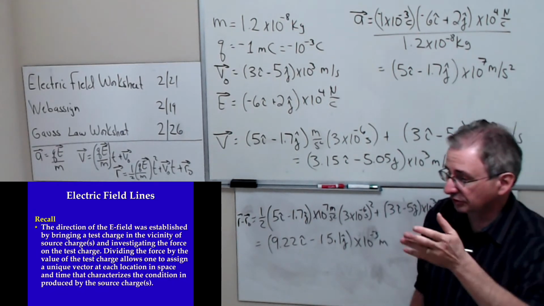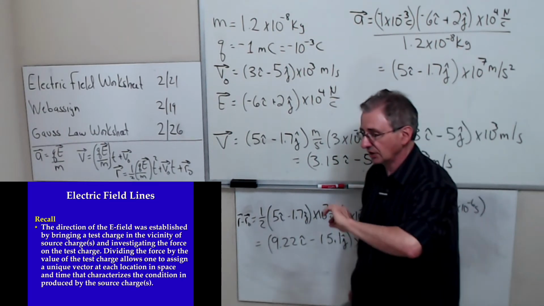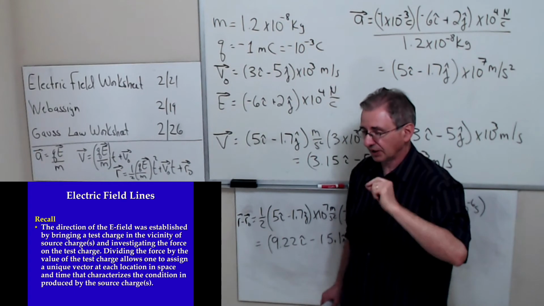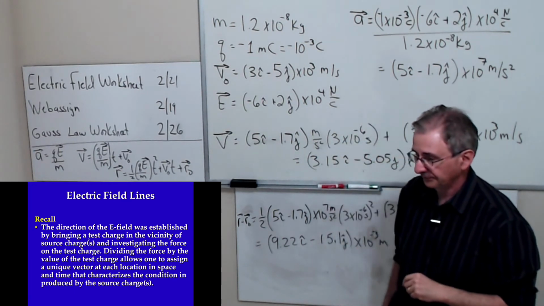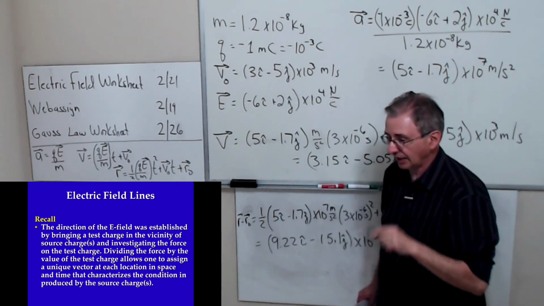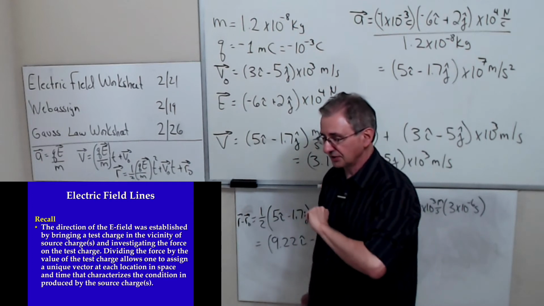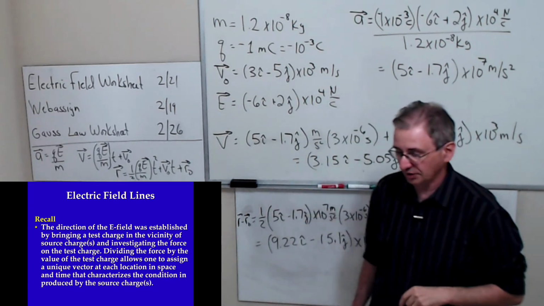And we establish the direction of the field by bringing a test charge in the vicinity of the source charge and investigating the force on it. And then we divide it by the value of the test charge to assign a unique vector at each location in space that characterizes the condition produced by the source charge.